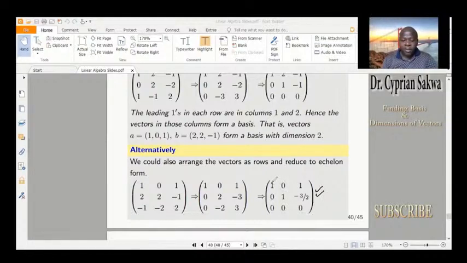This leading one and this leading one. So since I had arranged my elements in rows, and this leading one is in row 1, the vector in row 1, which was A, and also the vector in row 2, which was B, these two form a basis.